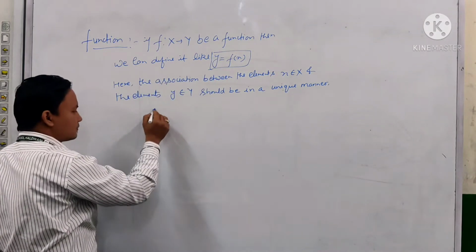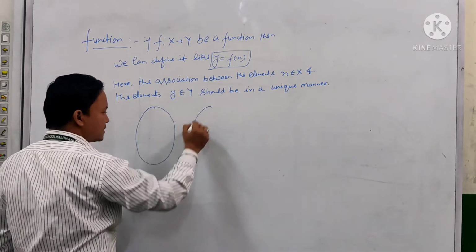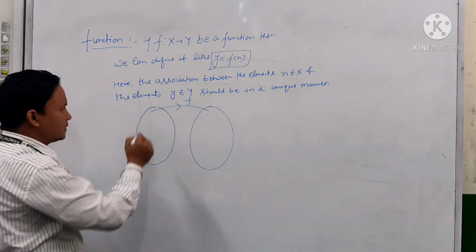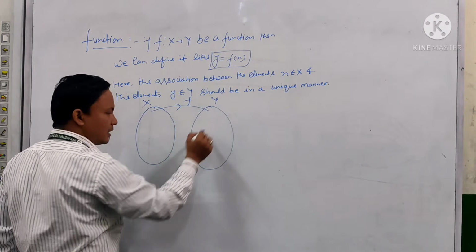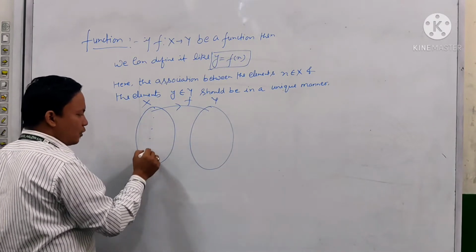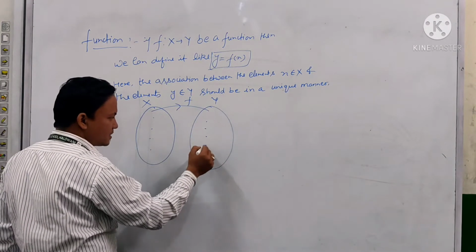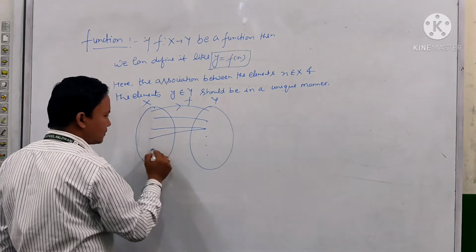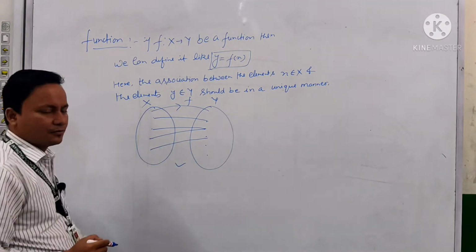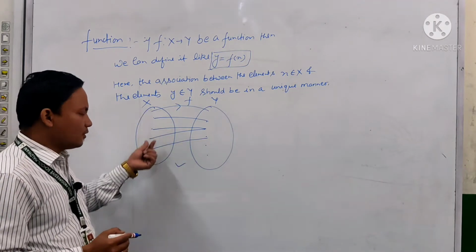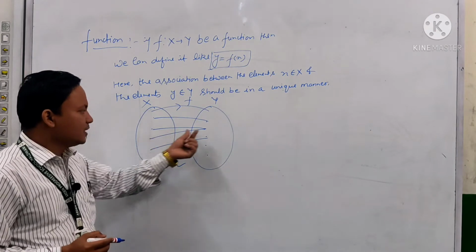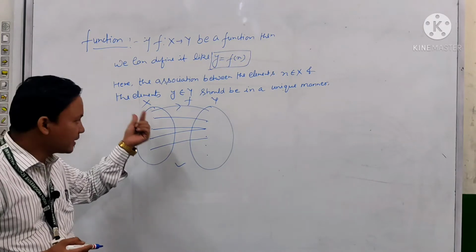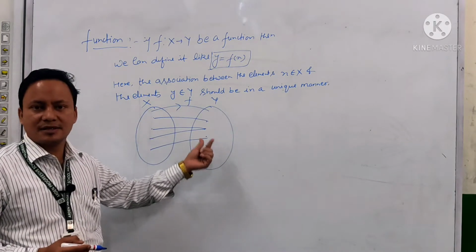From a diagrammatic representation we can define it in an easy manner. If f is any function from a non-empty finite set x to y, then let there be some points in set y, and the association should be in a unique manner. Yes, it is a function, because for every value of x a unique value of y exists. There is no element in set x having two images in set y.